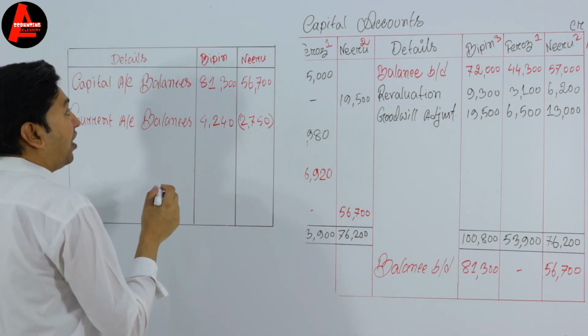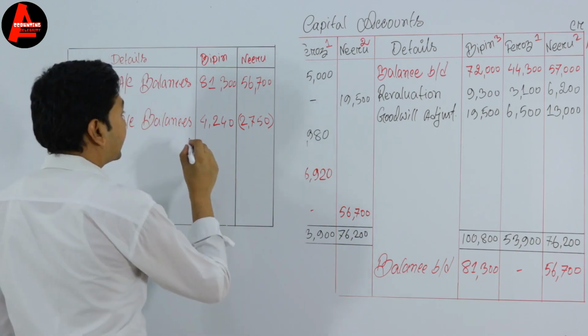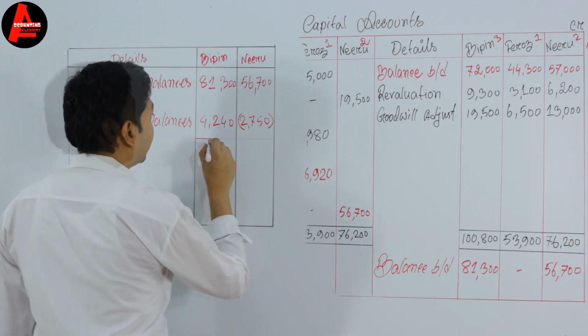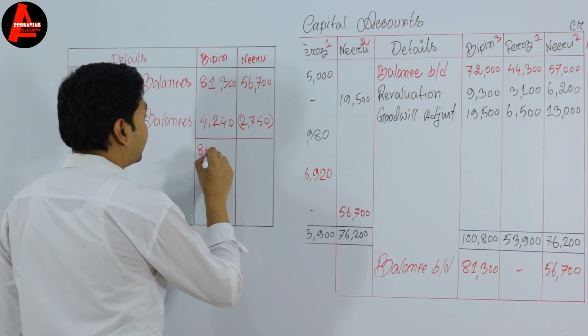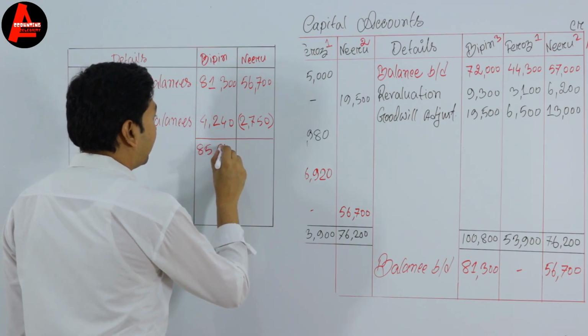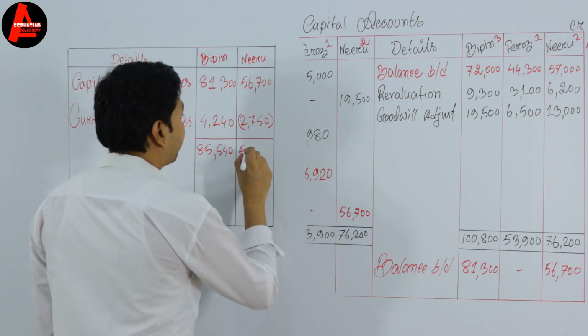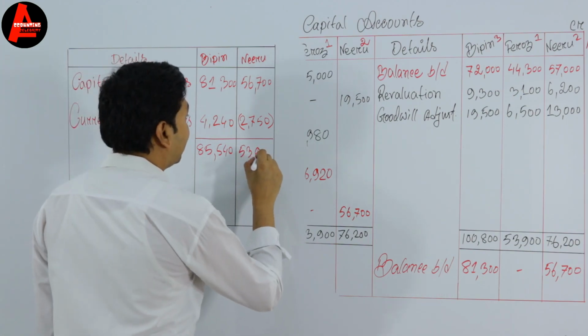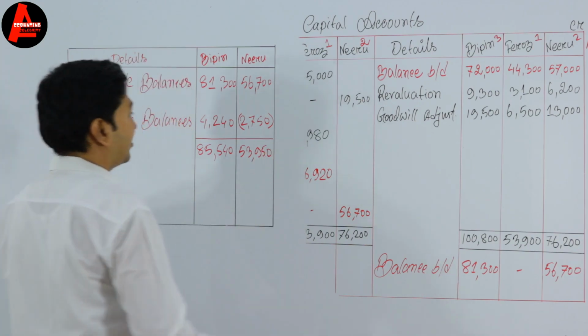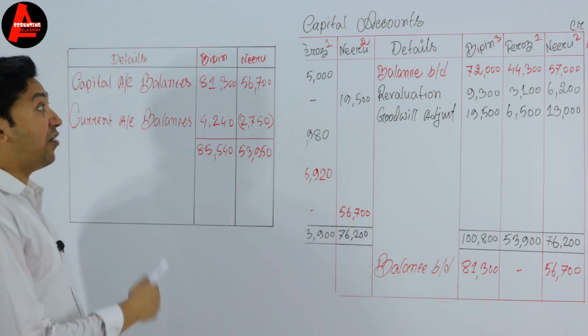Now if we add these columns we get Bipin $85,540 and Neeru $53,950.